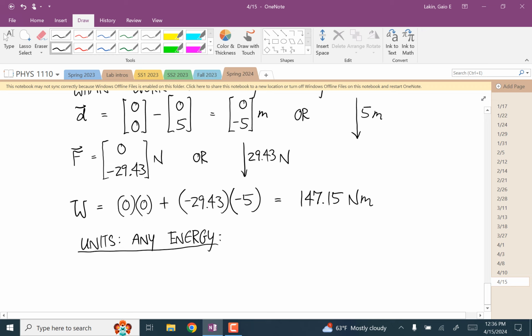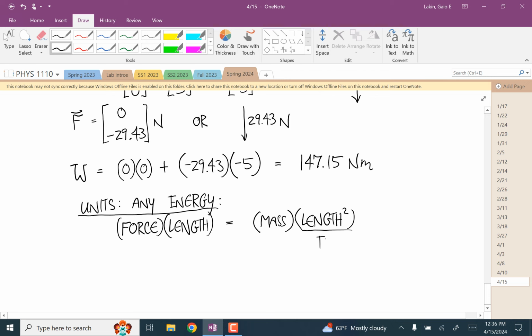Let me write this as units of force times units of length. And if you want to break it down more than this, since units of force can be made out of units of mass, length, and time, this also can be units of mass times units of length squared over units of time squared.